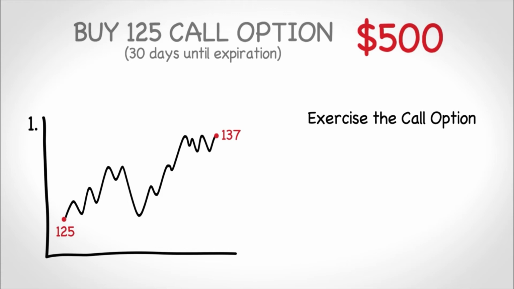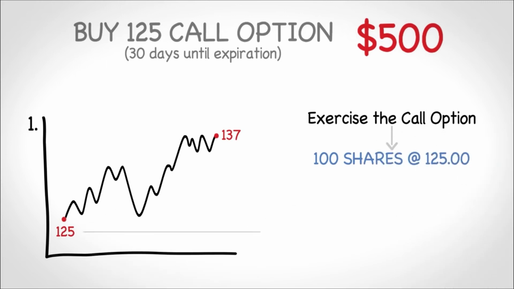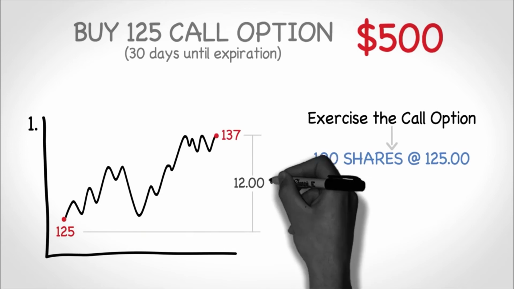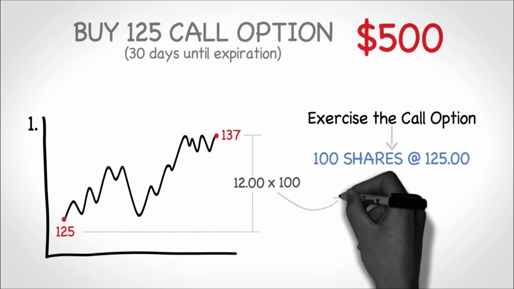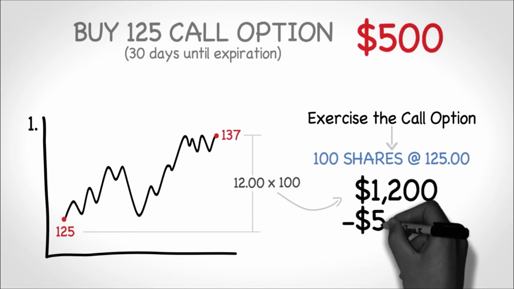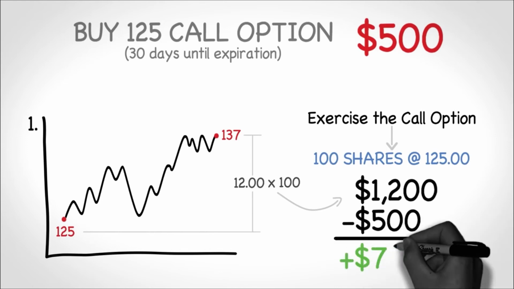So in this case, you exercise your 125 strike call option, so you now own 100 shares of stock at 125. You are up 12 points on this stock, and since you own 100 shares of stock, this means you're up $1,200. But remember, you paid $500 for the call option, so your net profit is really only $700.